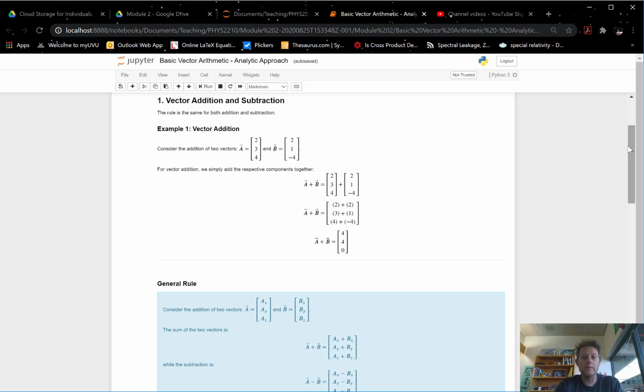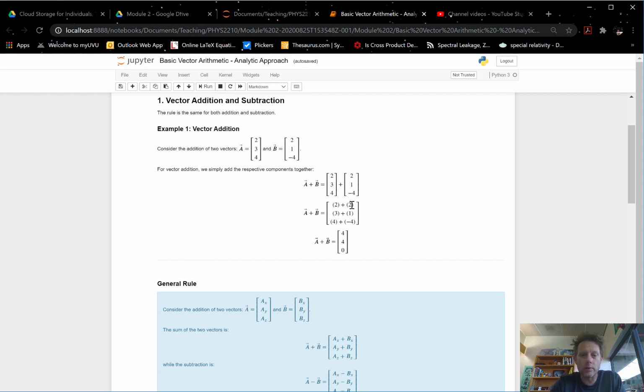So here we start with an example. We have two vectors a and b. They have x, y, and z components, and when we add those two vectors together, we treat those components individually. So we simply take the x components. They both have x components that equal 2, and to find the combined x component, we add those together.